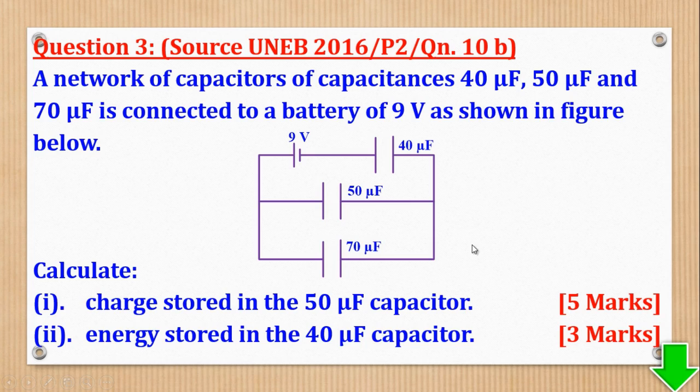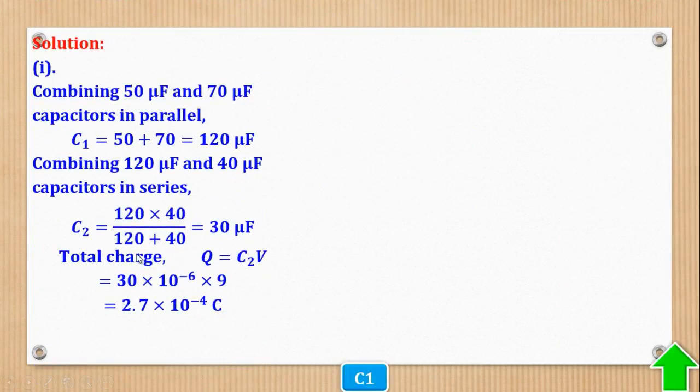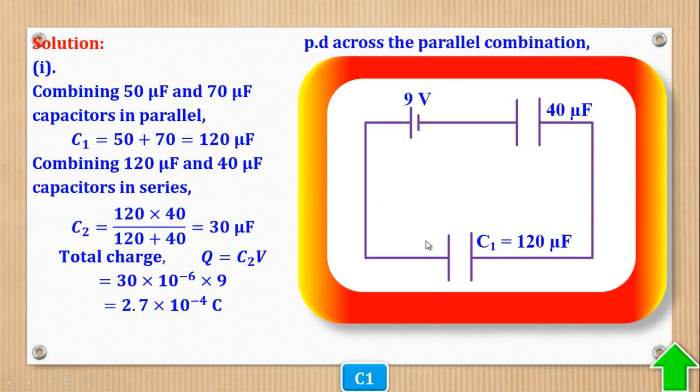Therefore, we have to first get the PD across this capacitance. So the PD across the 50 microfarad is the same as the PD across the parallel combination, because they are in parallel.